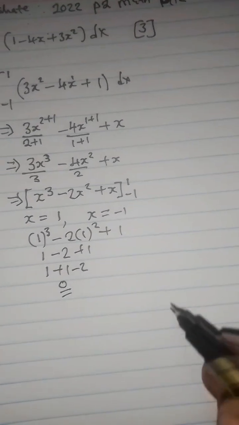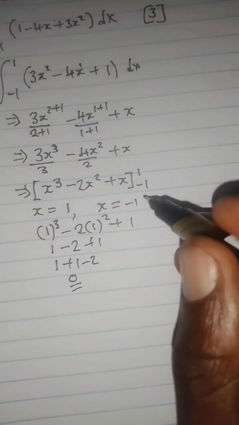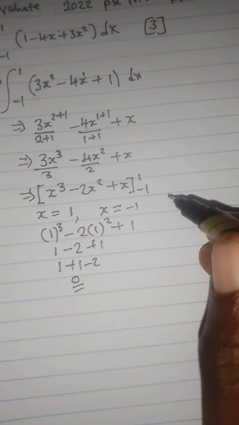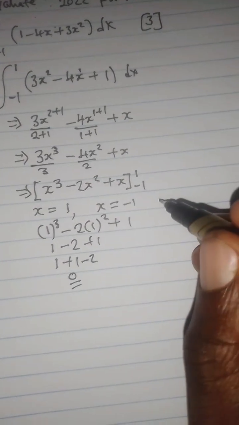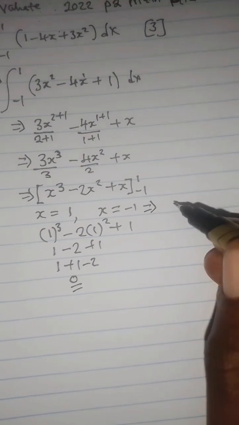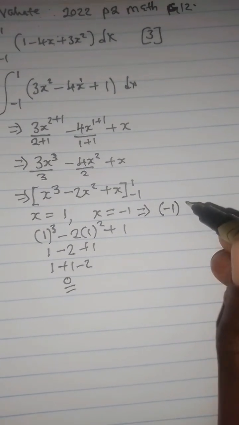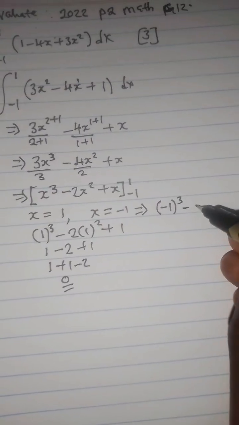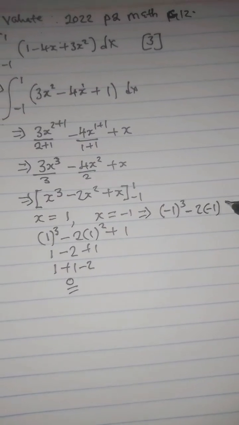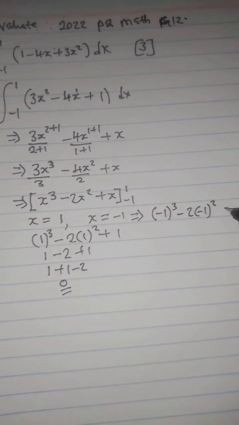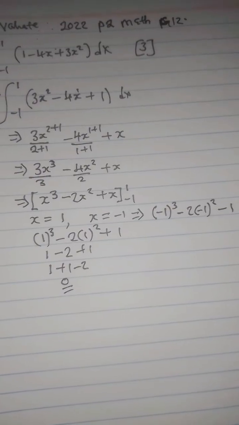Then you also do it when x is negative 1. Again you substitute where there is x. You put negative 1 to the power 3, minus 2 times negative 1 to the power 2, and then minus 1.